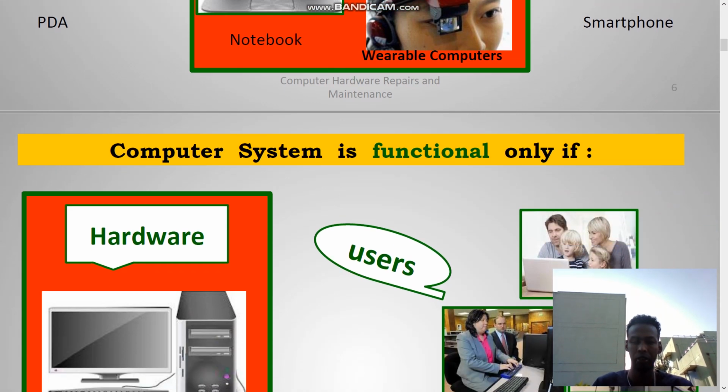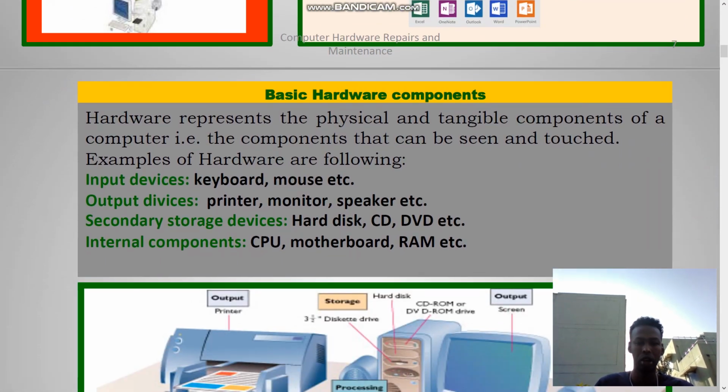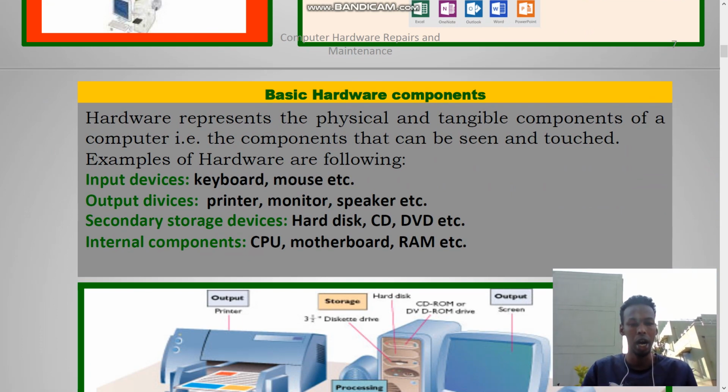Okay, the computer has basic hardware components. Hardware represents the physical and tangible components of the computer that can be seen and touched.